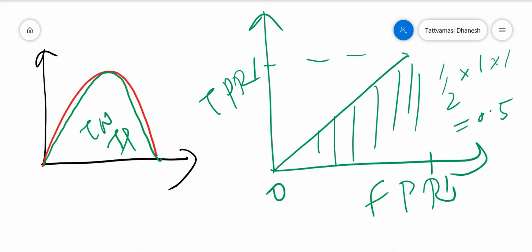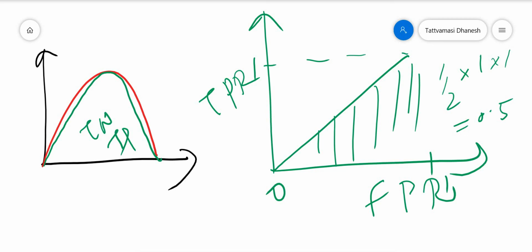This is a very important concept in machine learning, especially for classification problems. Receiver operating characteristics. Here we are calculating the area under the curve, that is AUC, for the receiver operating characteristics, and finding out how accurate the prediction is. So the AUC ROC curve, that means area under the curve, we are using to measure the performance of a classifying model or binary classifier.